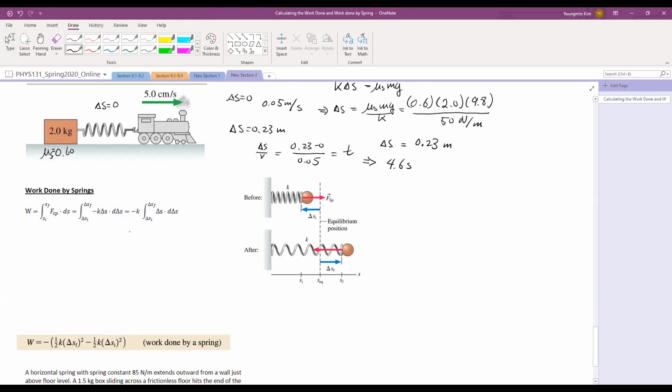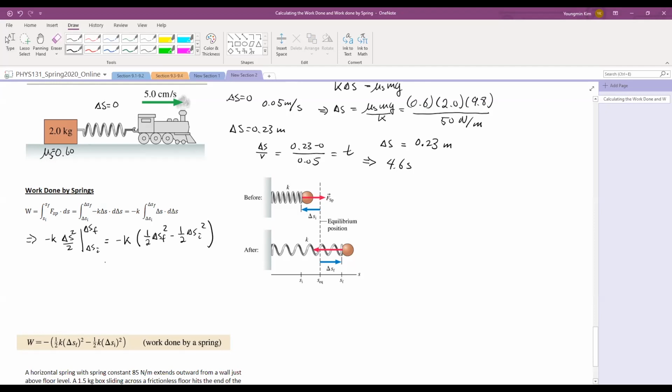Let me continue writing here, that is simply minus k times delta s squared over 2, evaluated from delta s initial to delta s final, so you have minus k times 1/2 delta s final squared minus 1/2 delta s initial squared.